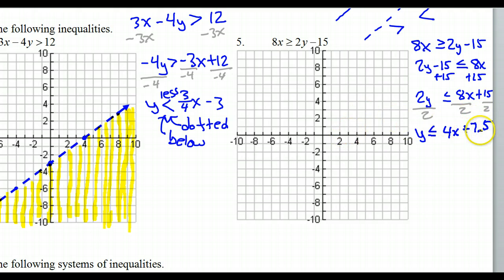Okay, so let's graph this. So the y-intercept is 7.5, which would be right here. Okay, and then the slope. For the slope, I'm supposed to go up 4, right 1. There's not really a space for me to go up 4, right 1. So I'm going to pretend that I did that. That would be like 1, 2, 3, 4, right 1.